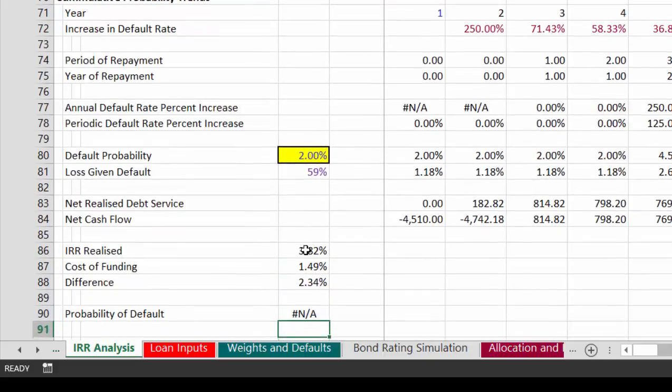What we need to do is get at least an IRR that's sufficient to cover our cost of funding, so we can just make a data table, what-if analysis, and make a goal seek.